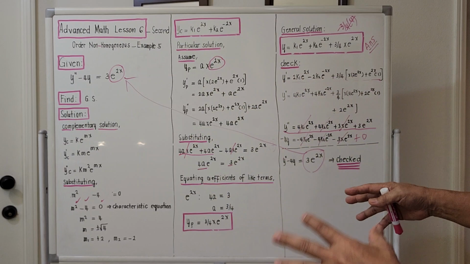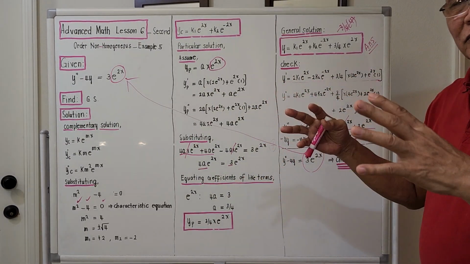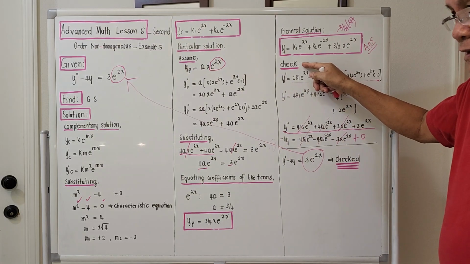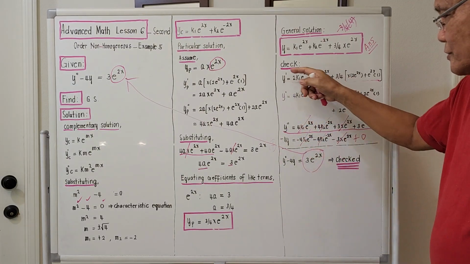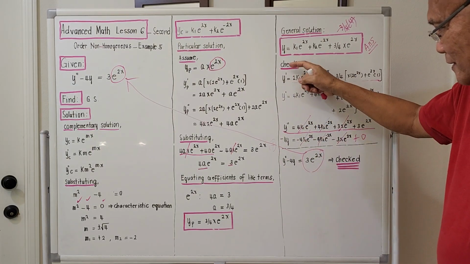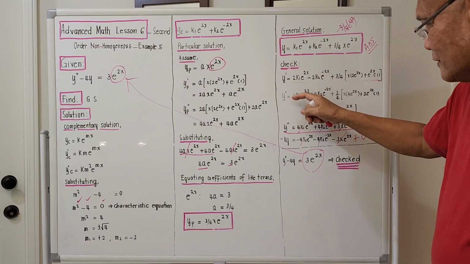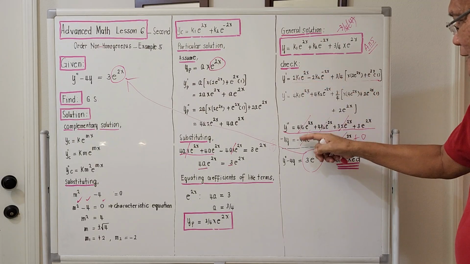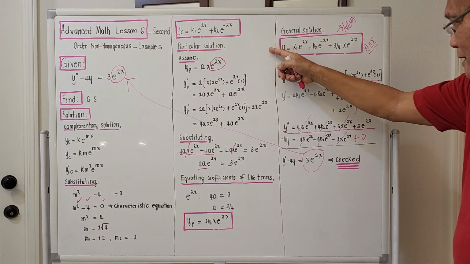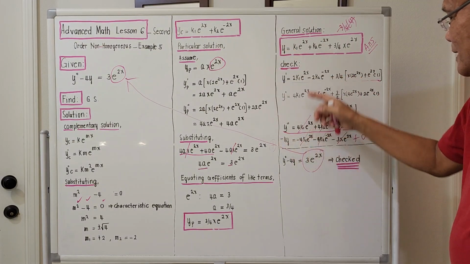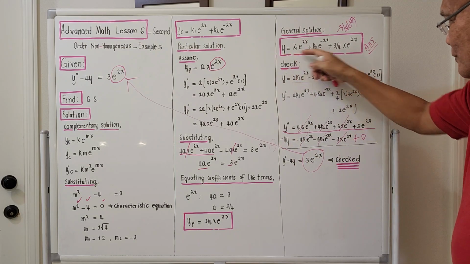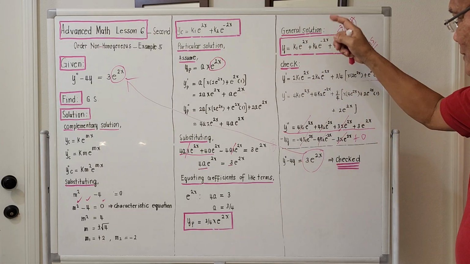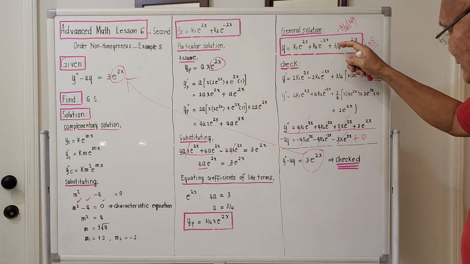That's the only way I can show you guys if our answer is correct. That's why I told you to check the validity: take the first derivative, take the second derivative, then add the negative value of the total solution, negative 4y, by multiplying all this by negative 4. So this will become negative 4y, negative 4k1, negative 4k2, negative 3.